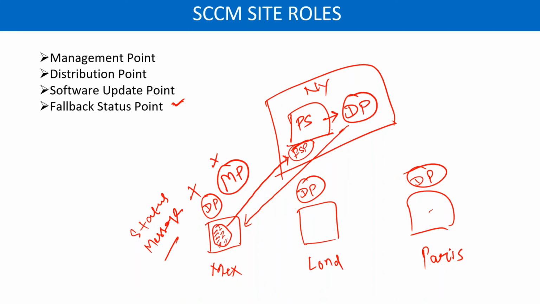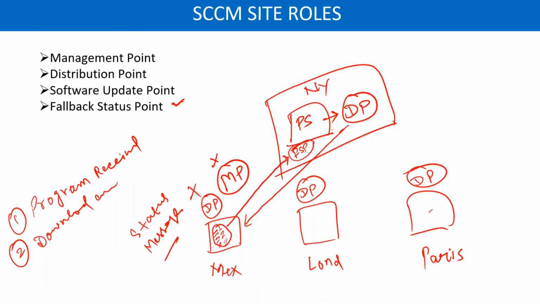Let's say you deploy something to 100 computers, let's say Google Chrome. When you deploy, first the computer will receive the program. So the first status will be program received. That is the status. Second status, download content.